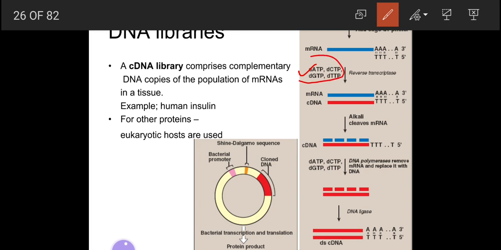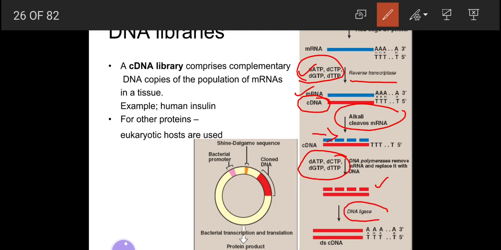By using these nucleotides and reverse transcriptase, with mRNA as the template strand, the complementary strand is made. This is called the complementary DNA. Now by using alkali, the RNA is cleaved. This blue strand is cleaved. Then again we use DNA polymerase, not the reverse transcriptase. This time we are using DNA polymerase and dNTPs, and the complementary DNA fragment is synthesized.